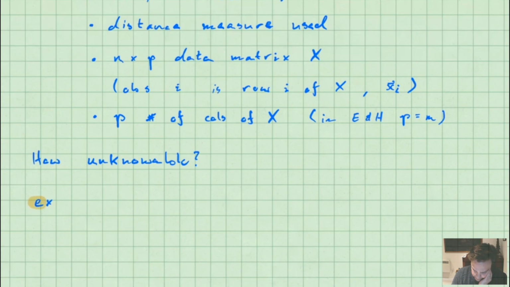So here's the example. The D_ij, the elements of the distance matrix, might actually just be opinions, like human opinions.